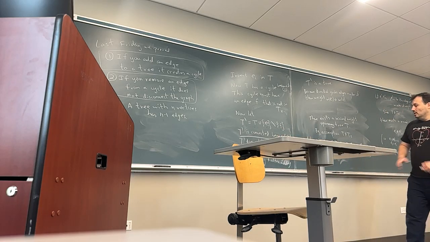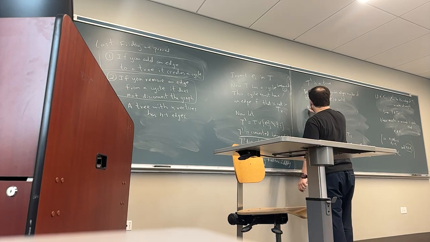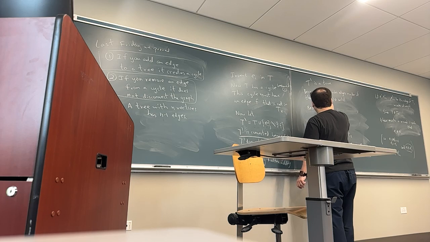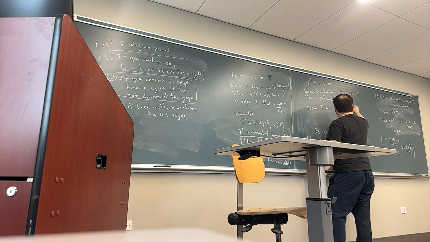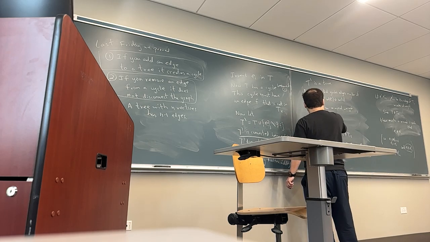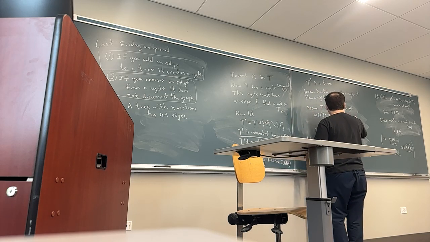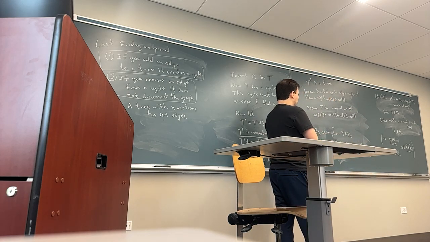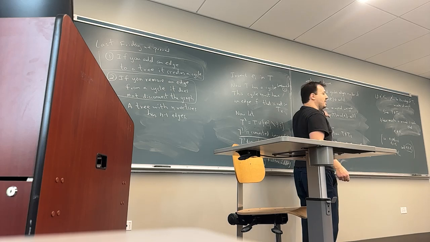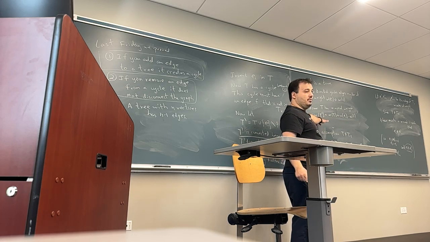All right? But on the other hand, because T has minimal weight, well, let's see what is the weight of T prime. So the weight of T prime is the weight of T plus the weight of EI minus the weight of F. Now, because T has minimal weight, the weight of T is at most the weight of T prime, right?